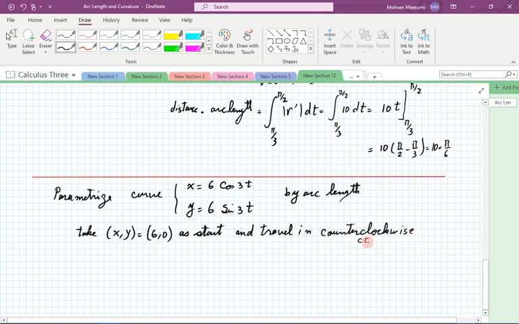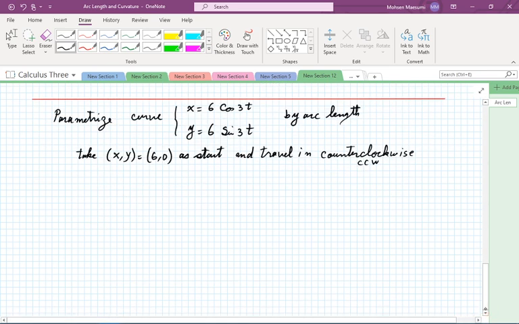So counterclockwise, the issue of which direction you're turning. Well, x equal to that and y equal to that. Of course, when you square them and add them up, you get x squared plus y squared is equal to 6 squared. So that is a parameterization for a circle.